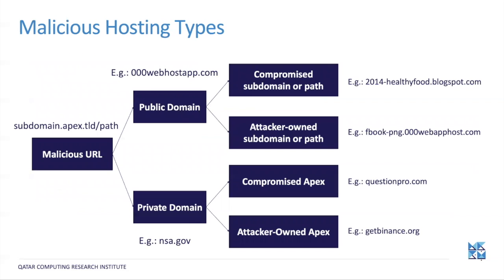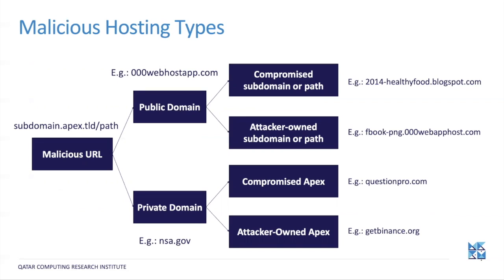We take a systematic approach to classify malicious URLs as public and private, where public domains are like web hosting domains or dynamic DNS, or it could be a CDN. And private domains are domains owned by a single entity, like NSA.gov or QCRI.org.